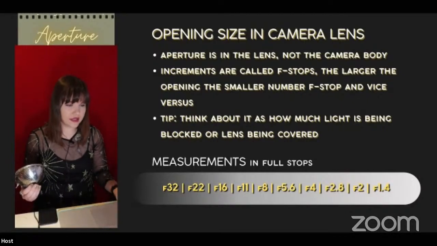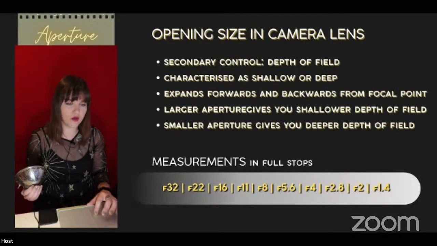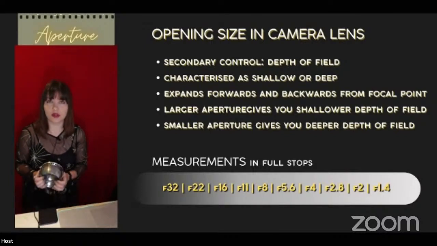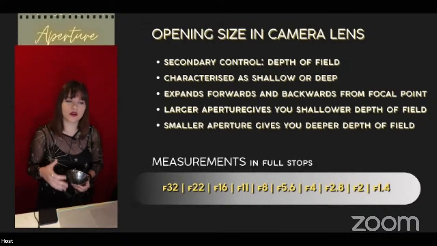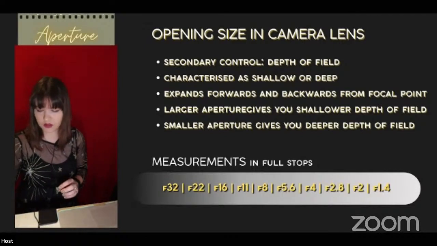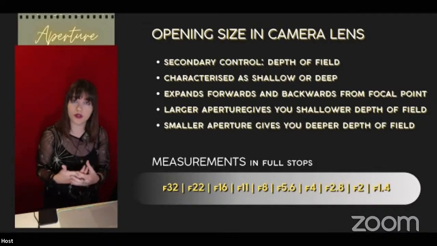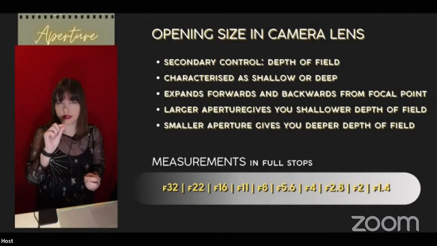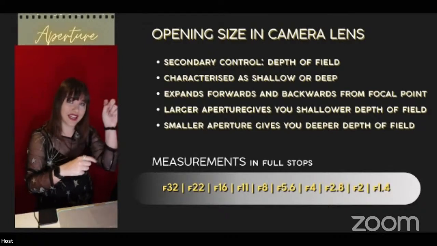All right. Now the secondary control of aperture is the depth of field. Depth of field is characterized by shallow or deep, and it's essentially what's in focus in your image. So you can use the focus point on your camera. Usually it's that little green box you're looking through and setting somewhere.